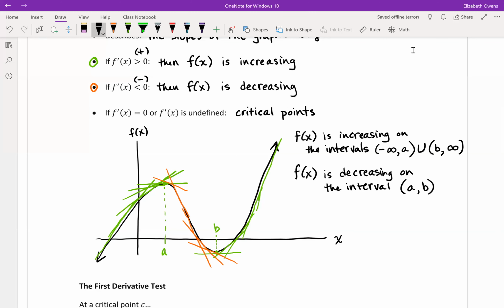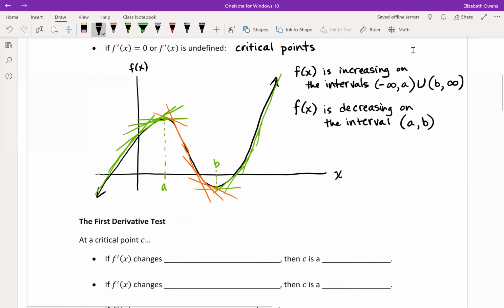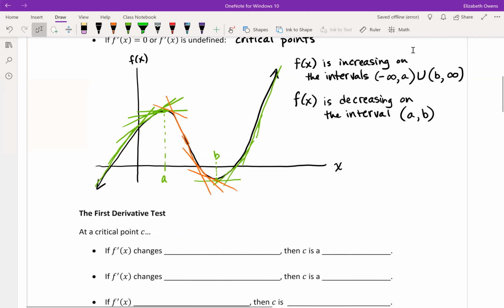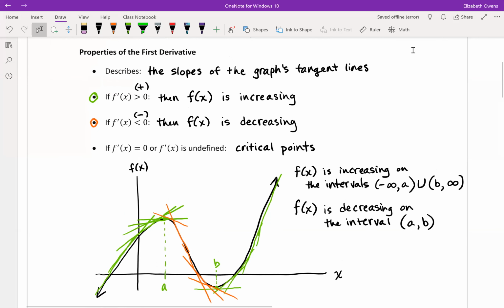Okay, so we are back here to look at the first derivative test. We had just sorted out what was happening with our first derivative and how that would affect the shape of a graph and how the values of the derivative tie into that. If our derivative value is positive, then the function is increasing.